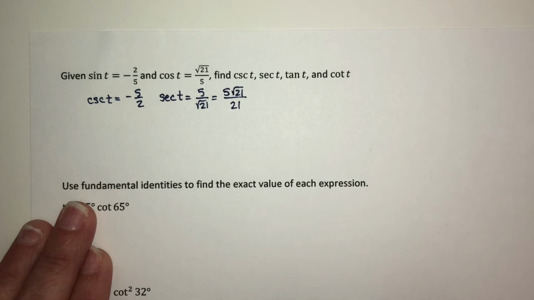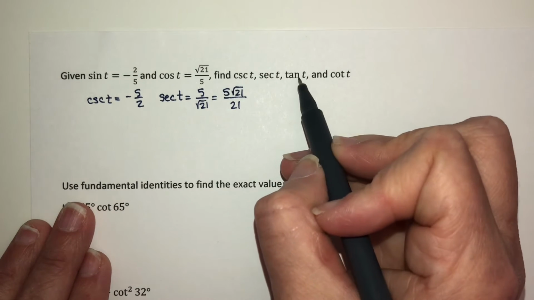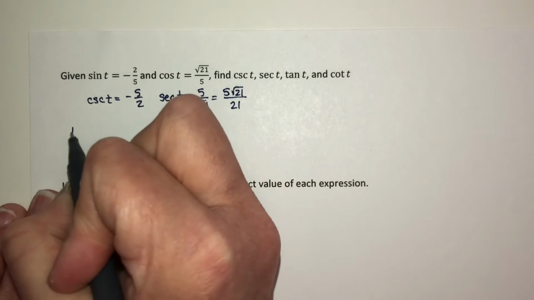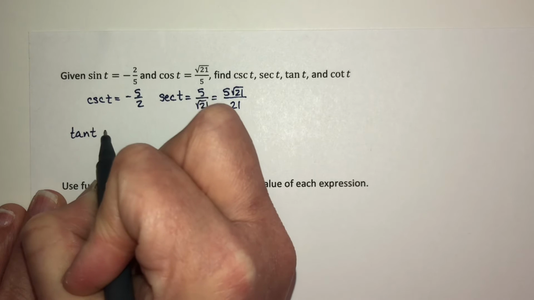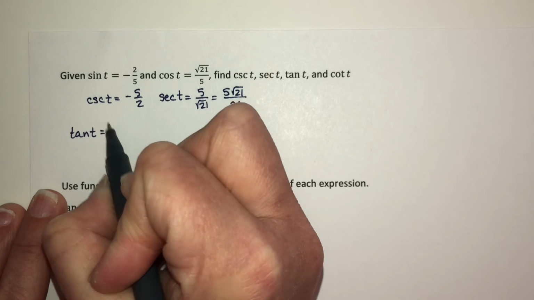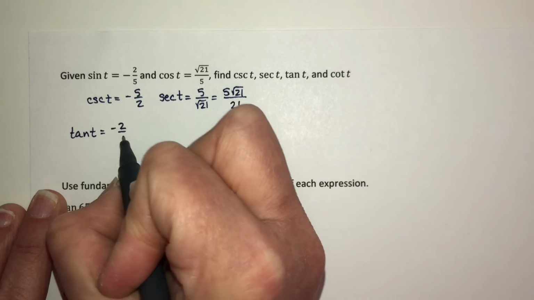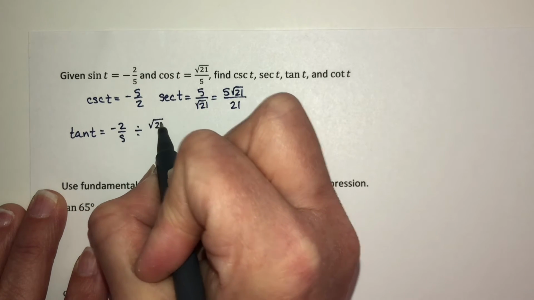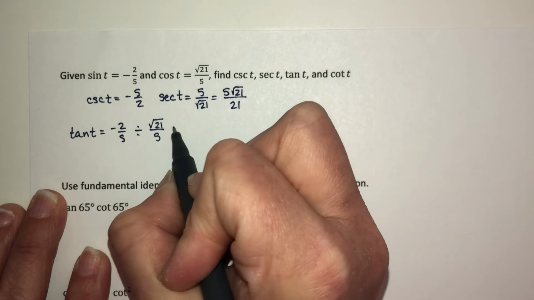Now we know that tangent is sine divided by cosine. So tangent of t is sine, negative 2/5, divided by cosine, square root 21 over 5.